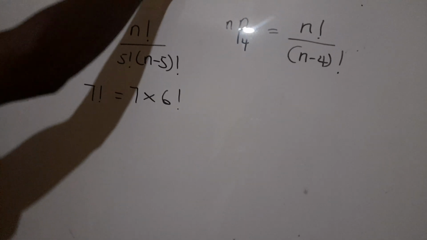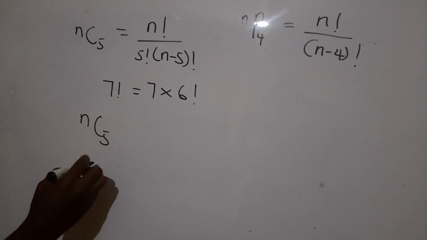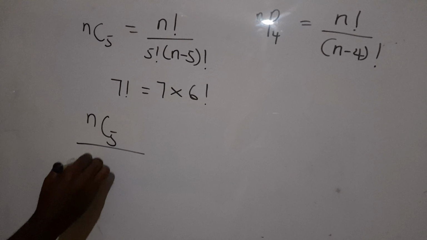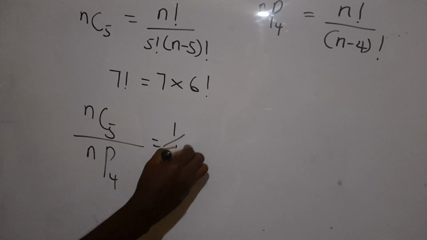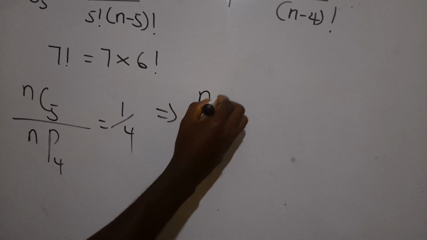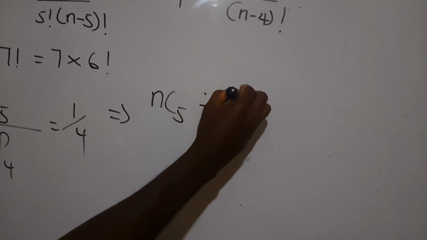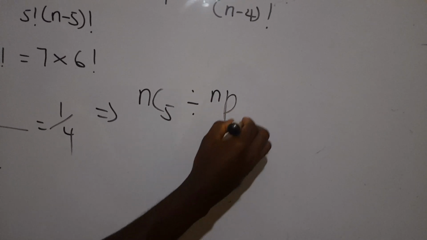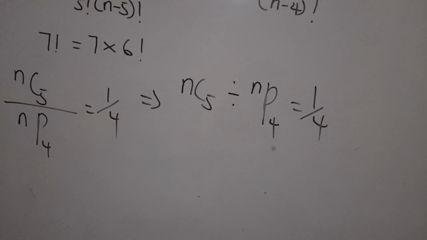Then our problem, which is nC5 over nP4 equal to 1/4, can be rewritten as nC5 divided by nP4 is equal to 1/4. Then we can substitute.